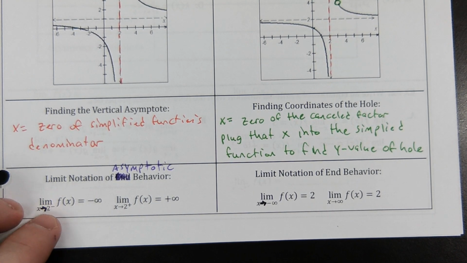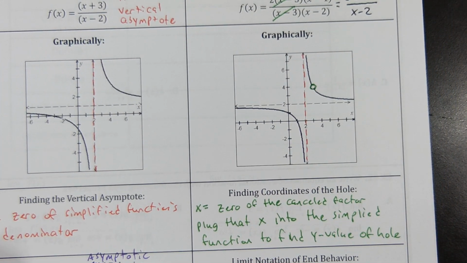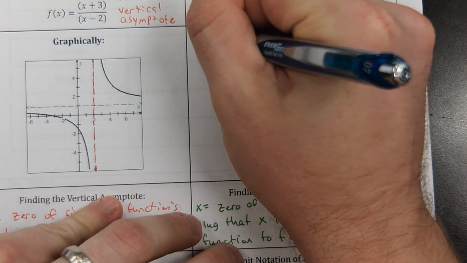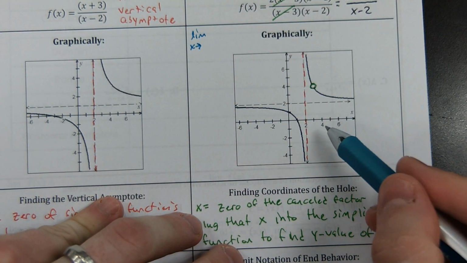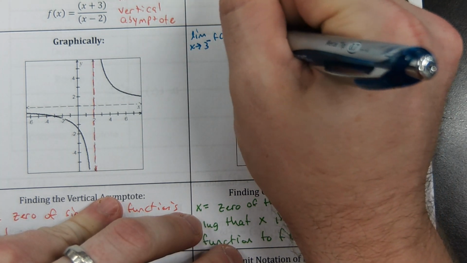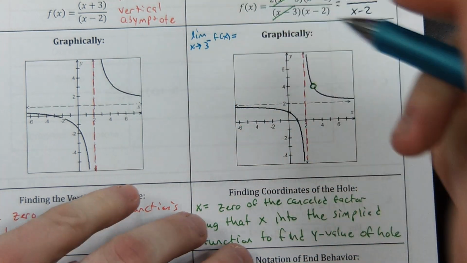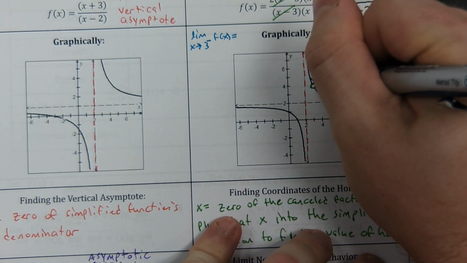So let's get limit notation for this hole in this graph. The limit as x approaches the number 3, because that's the x value where it's happening, from the left is equal to, so if you're to the left of 3, you'd be doing this.